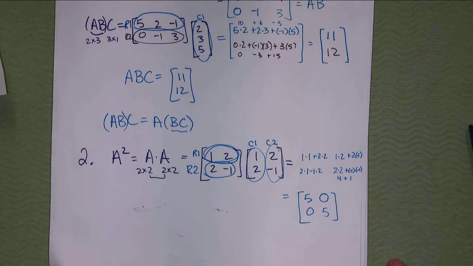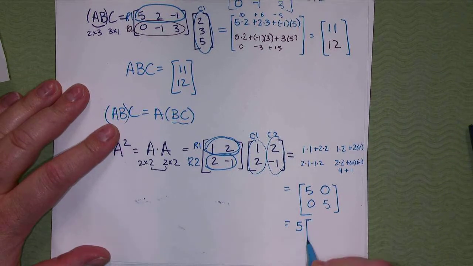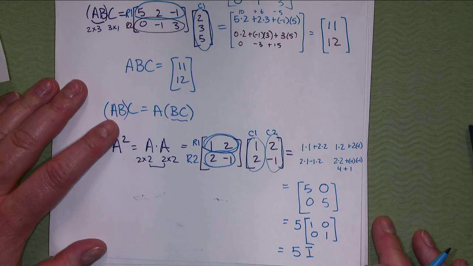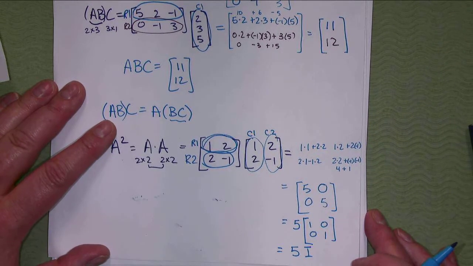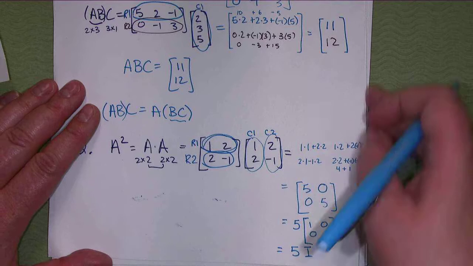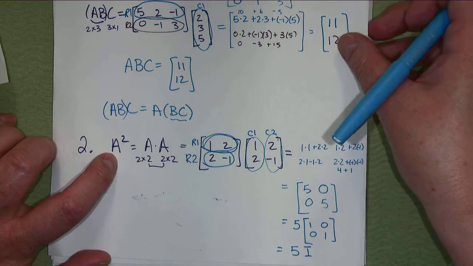That's the right name. We can factor out a 5. So the answer to this is 5I, if you wanted. That would be an okay way to say it. You wouldn't probably bother with that, but if I said show that A squared is equal to 5I, then this is exactly what you would do.